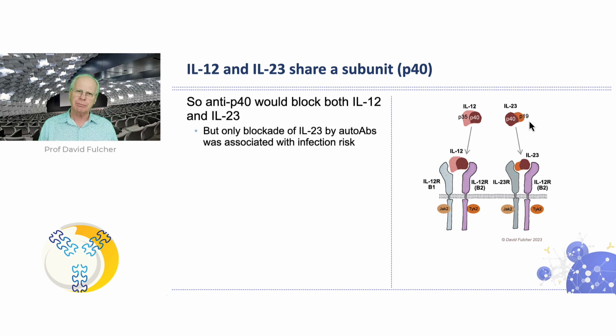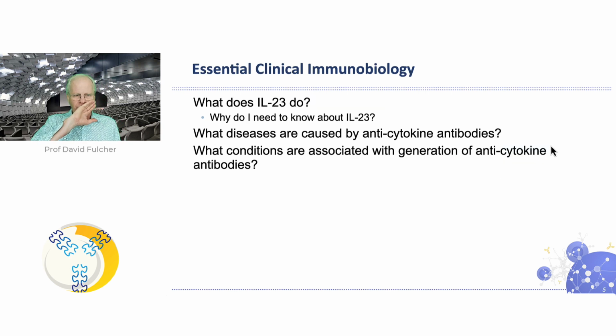And so when you have antibodies to IL-23, they could potentially also block interleukin-12 and mediate their effects in that way, or they could just be directed to the p19 and have nothing to do with interleukin-12. But anyway, the authors of this paper had a look at that and worked out that interleukin-12 blockade didn't really matter. It was the interleukin-23 that correlated best with immunodeficiency. All right, so that's the paper.